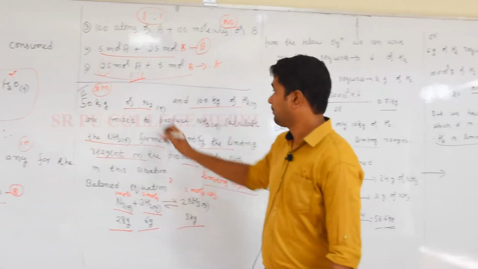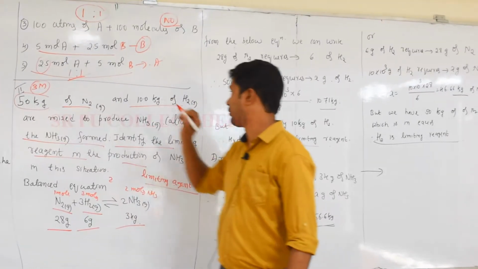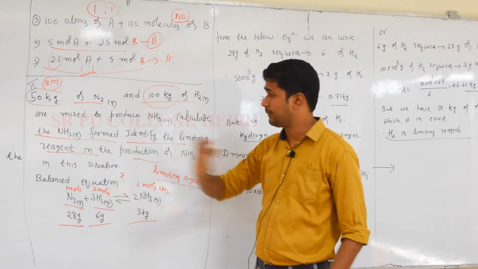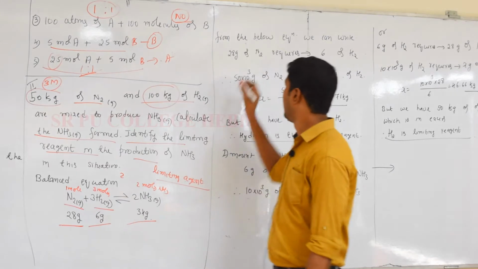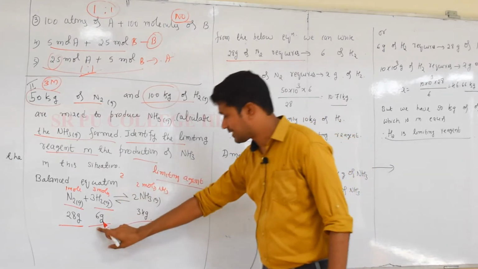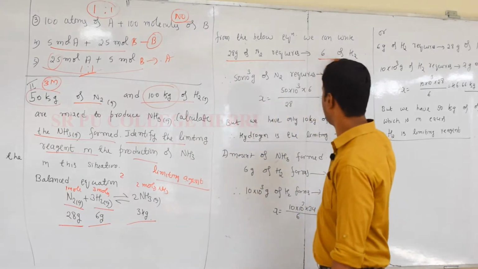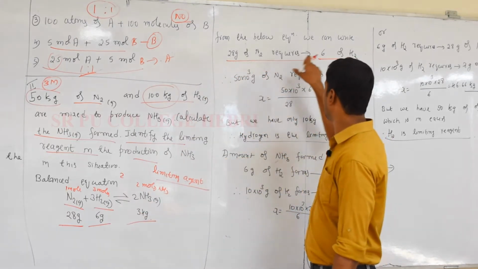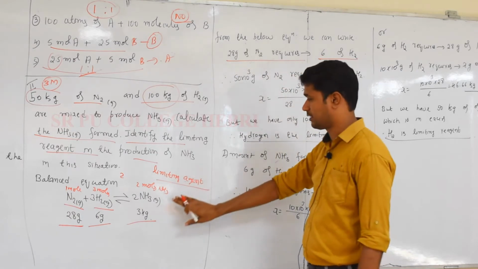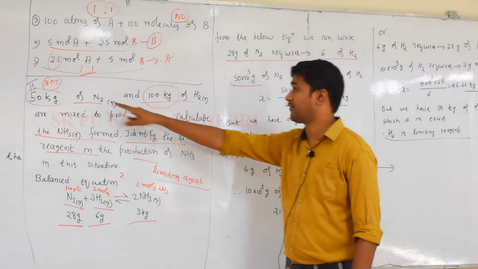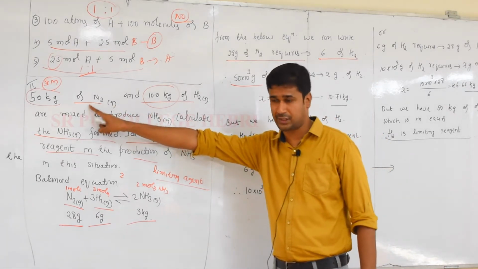Now, look into this. They have given 50 kg of nitrogen and 10 kg of hydrogen. Now we have to identify the limiting reagent. How? See, 28 gram of N2 requires 6 gram of hydrogen. Is it correct? From this equation we can write like this. Therefore, 50 kg of nitrogen is given in the reaction mixture.